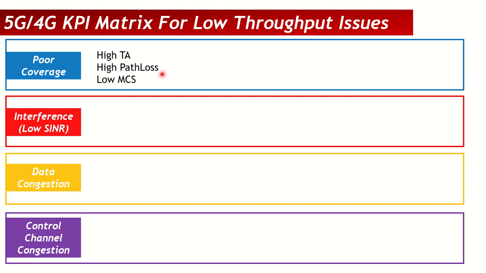Now what can we do with them? How can we solve that? For this one, look at the cells which are bad with these kinds of signatures. You can increase their tilt, I mean you can uptilt them so that they can cover further. You can increase their power so that their coverage increases.